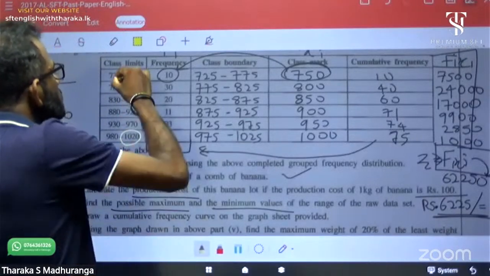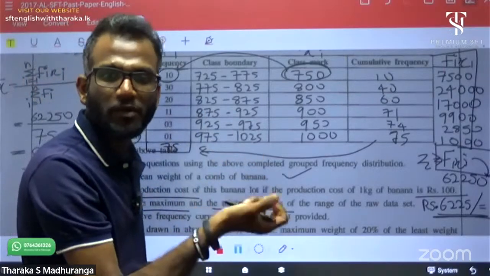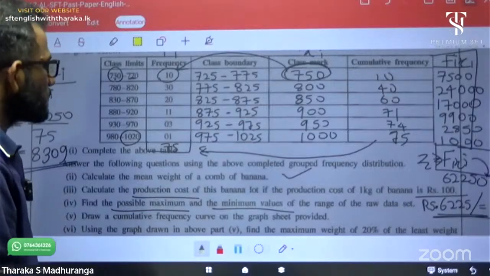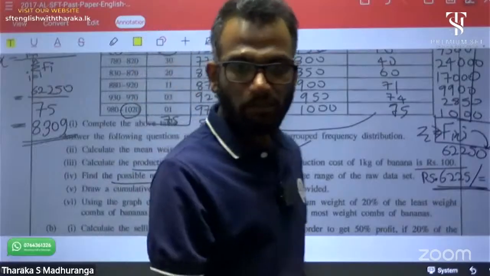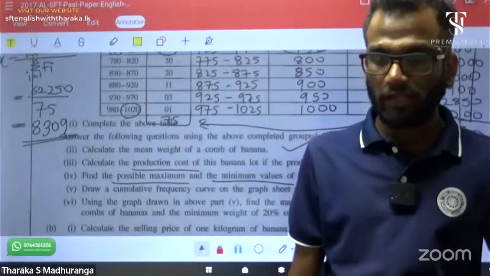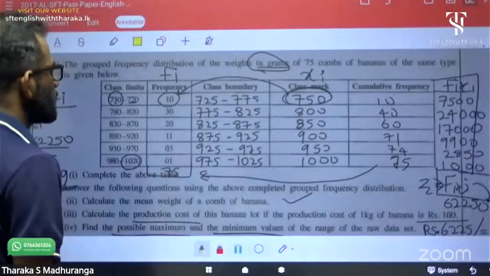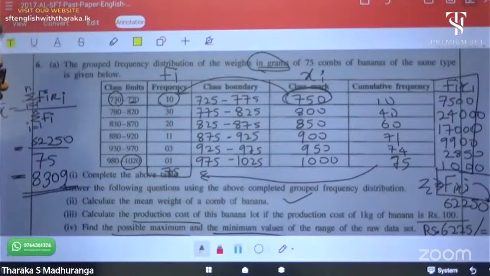1020 minus 730. That is the maximum value for possible range. In the lesson we discussed the maximum possible range, 1020 minus 730. What's the value?